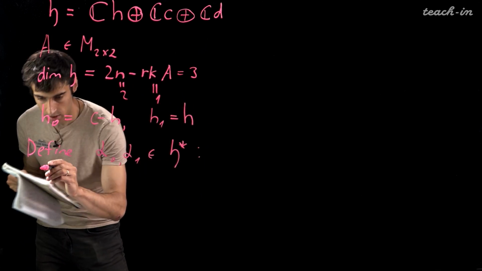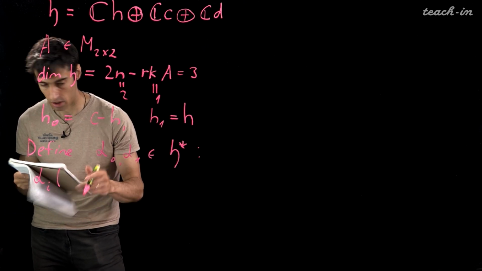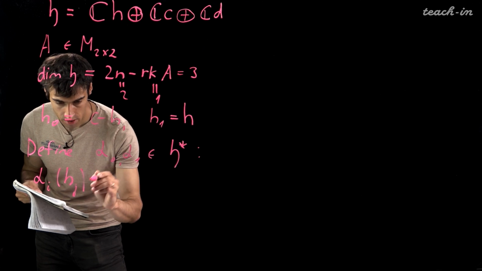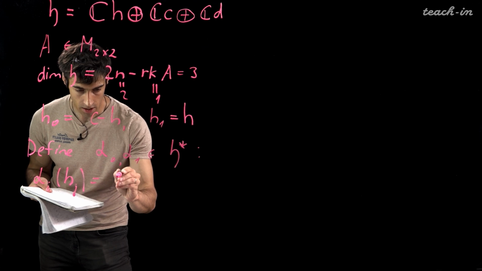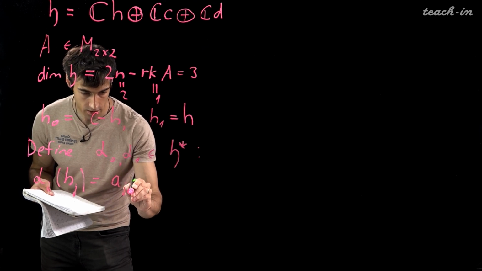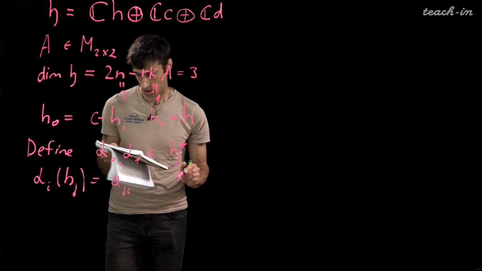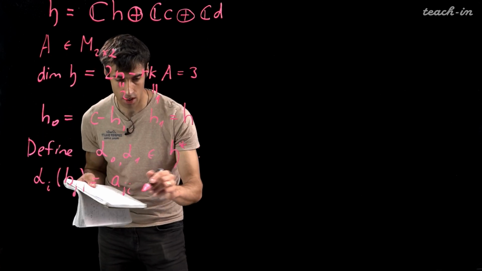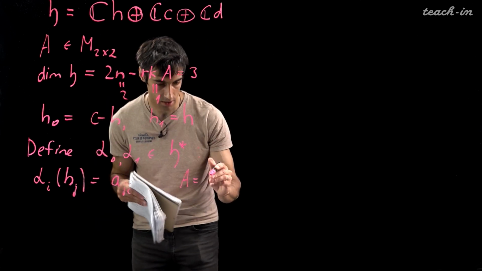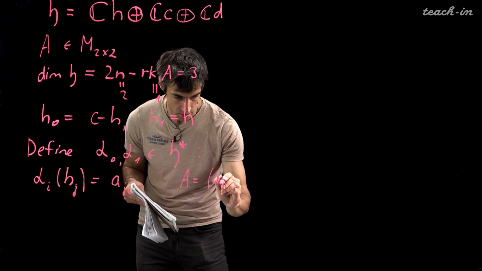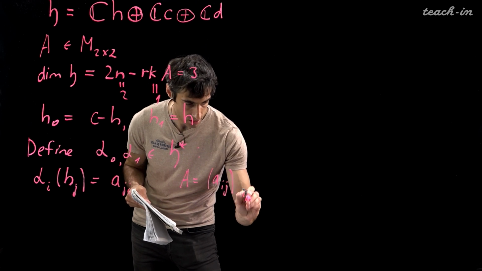Of course I need the following to make it a realization of A: the value of alpha i on Hj is Aji. These are the elements of the matrix A, right? So let me write it like this.